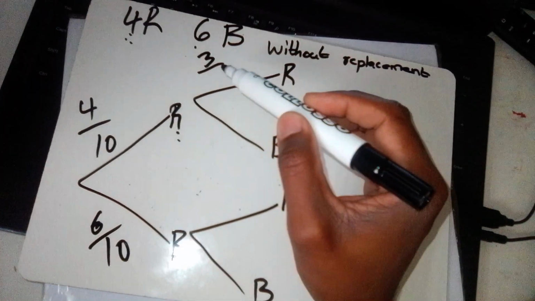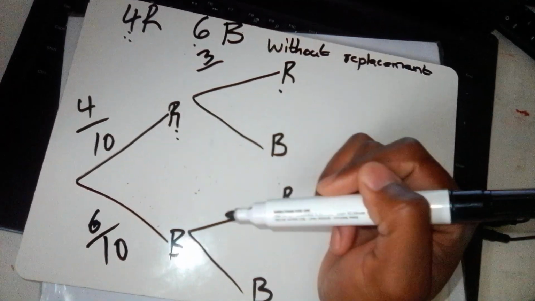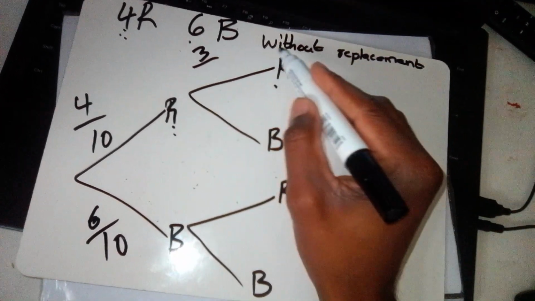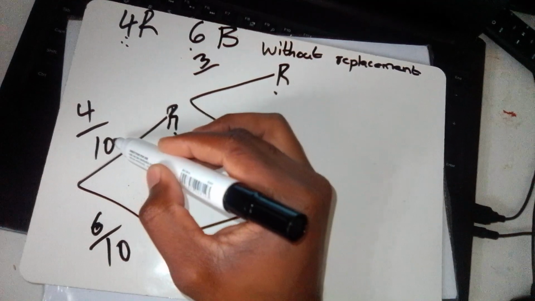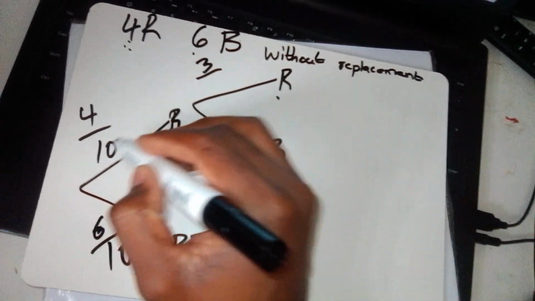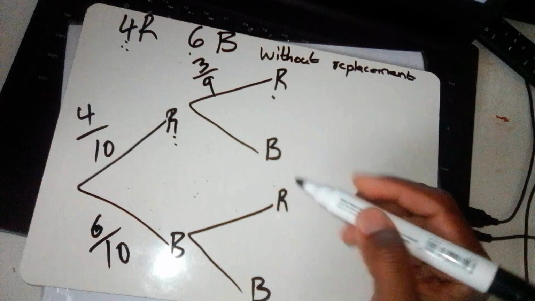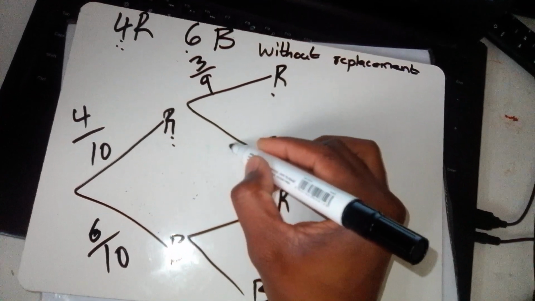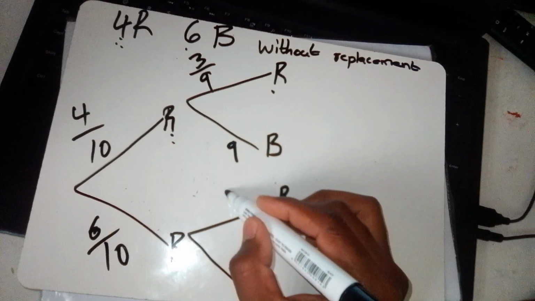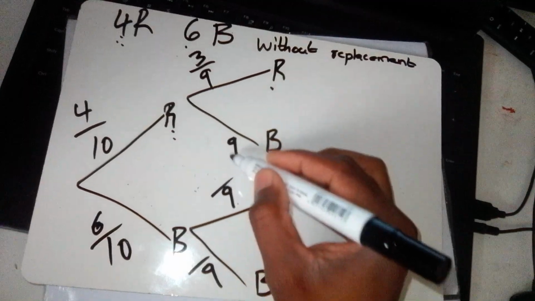And if you take out 1 ball out of 10, we are left with 9. So the denominator for the second event is going to be 9.